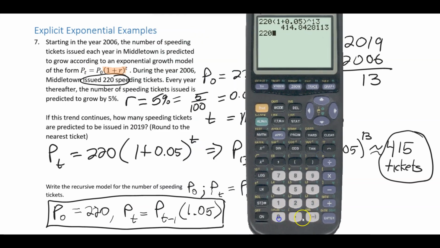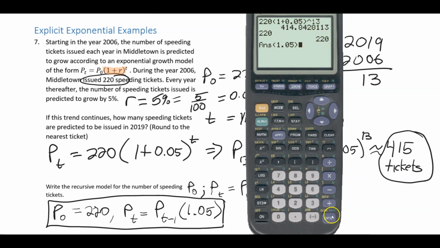Starting out with 220, we can code the recursive definition using the answer button. Anywhere you see the P sub T minus 1, that's the answer button. And then times 1.05. So 220 is 2006.